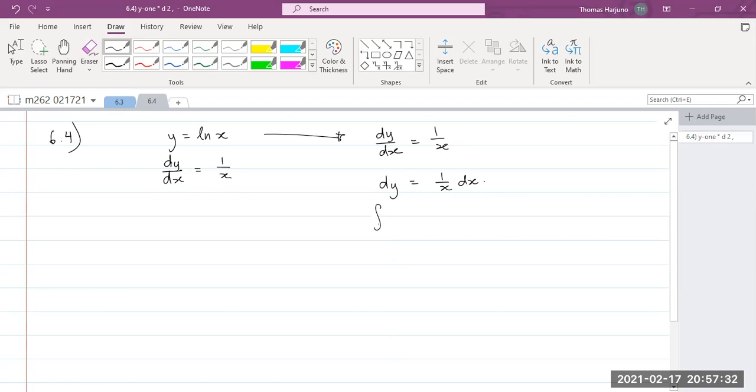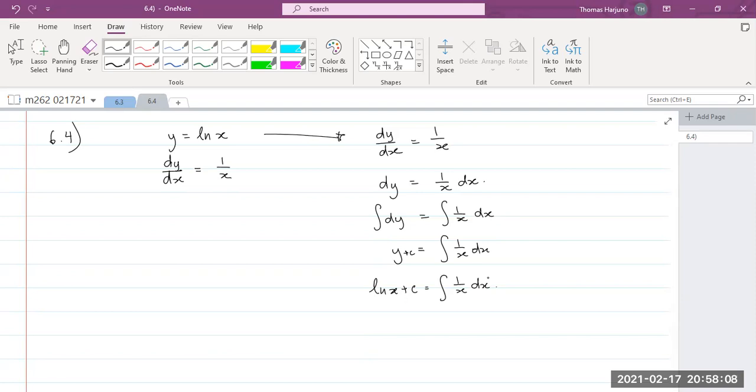So the integral of dy equals the integral of 1 over x dx. That's y equals the integral of 1 over x dx, of course, plus constant. But my y is ln x. So if the derivative of ln x is 1 over x, then the integral of 1 over x is ln x. Don't forget plus constant.